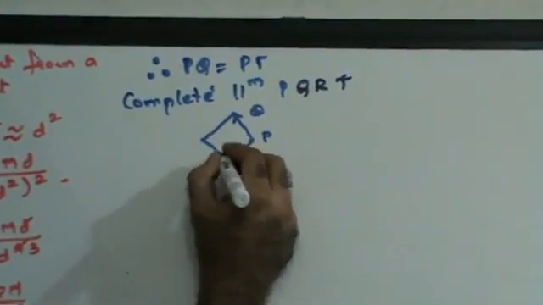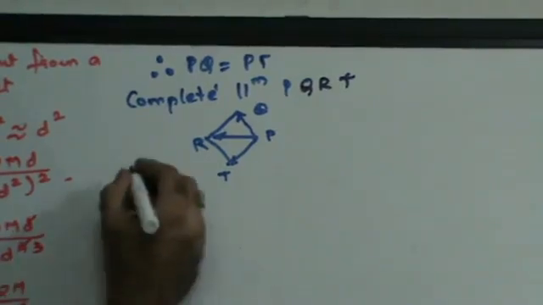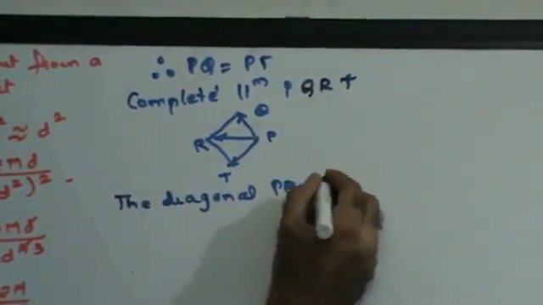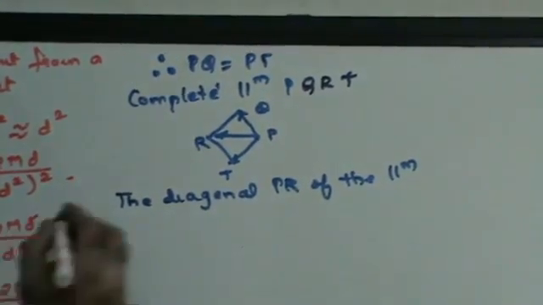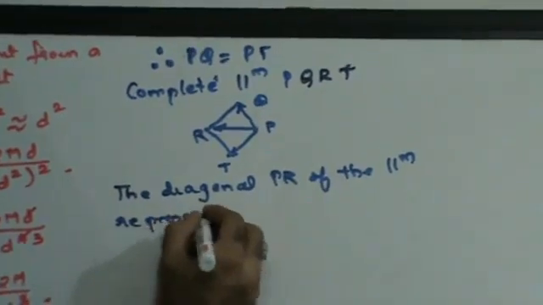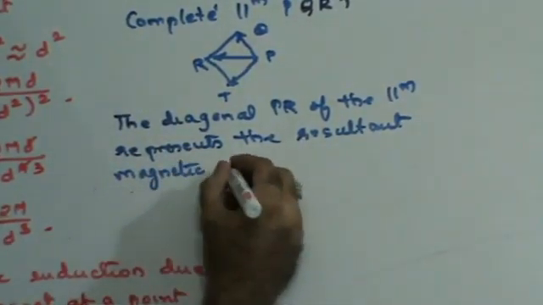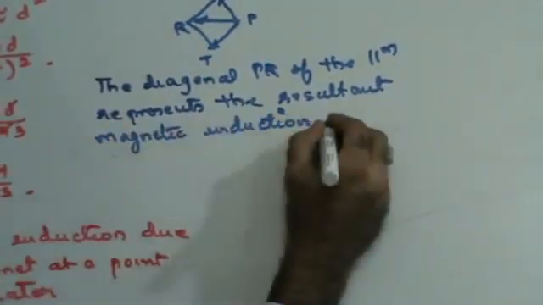Then the diagonal PR of the parallelogram represents the resultant magnetic induction due to the magnet at point P.